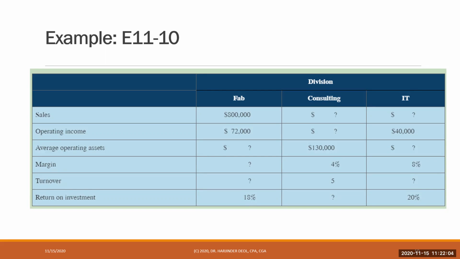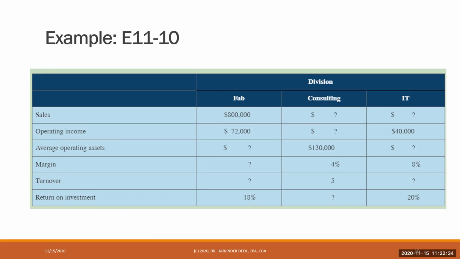Just remember that return on investment is calculated by dividing operating income by the average of operating assets. It can also be calculated by multiplying margin with turnover. Margin is calculated by dividing operating income by sales. Turnover is calculated by dividing sales by the average operating assets.